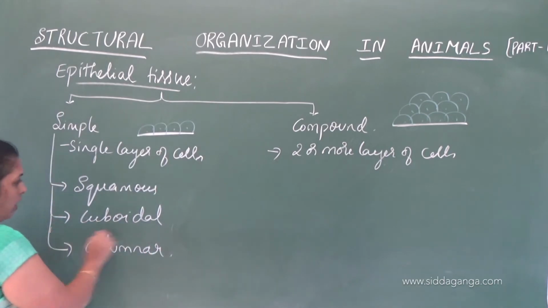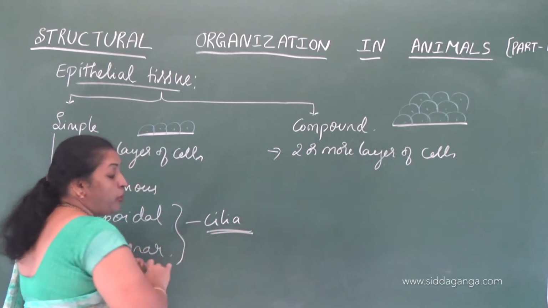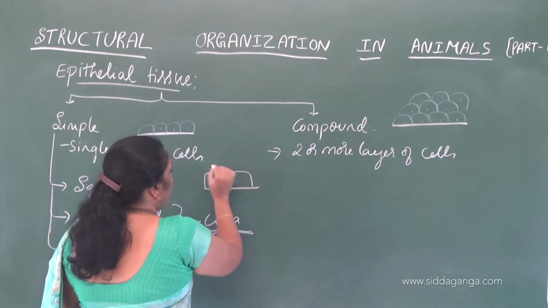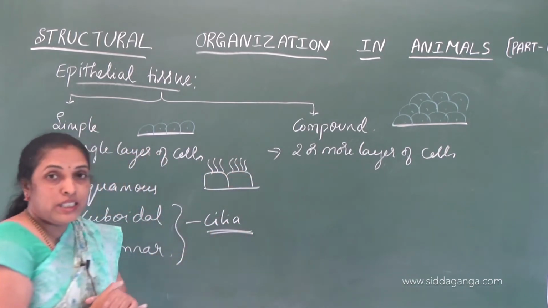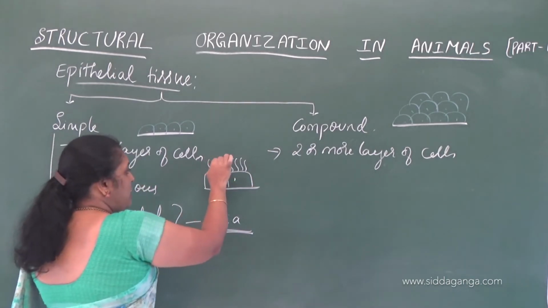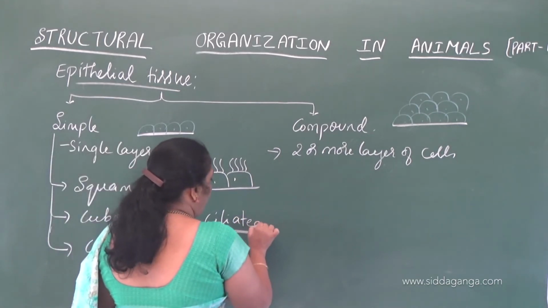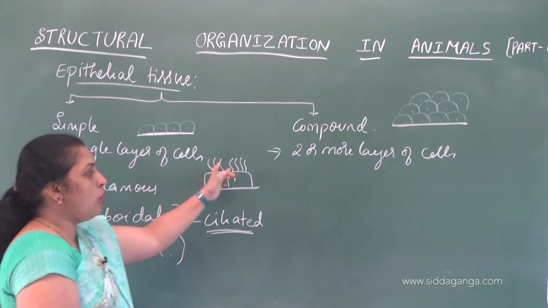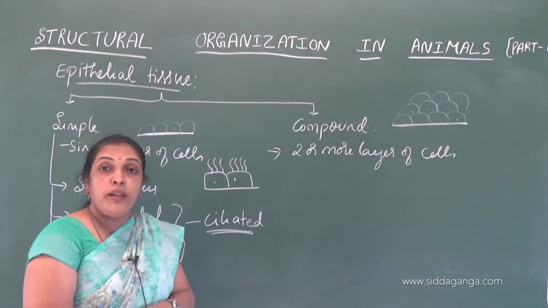If this is a cuboidal epithelium and it has cilia on its free surface, it's called ciliated cuboidal epithelium. If a columnar cell has cilia on its free surface, it is called ciliated columnar epithelium.